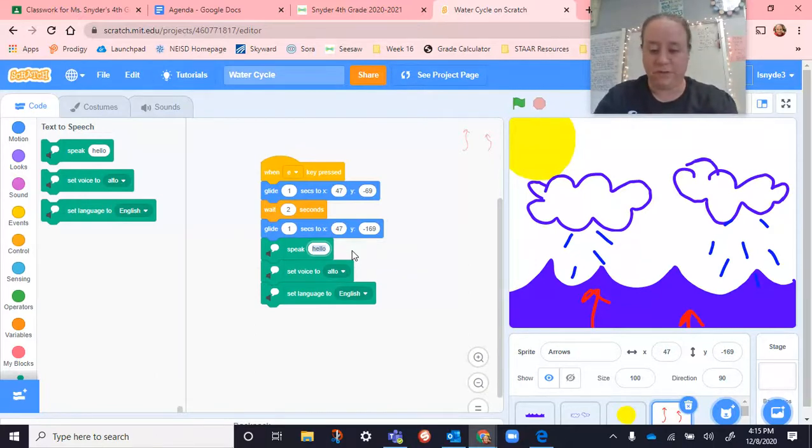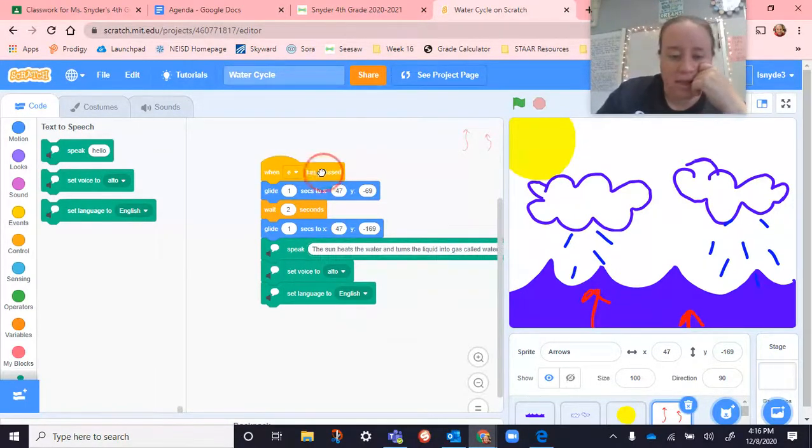So, this is under evaporation, so I'm going to put the sun heats the water and turns the liquid into water vapor. I'm going to put into gas called water vapor.